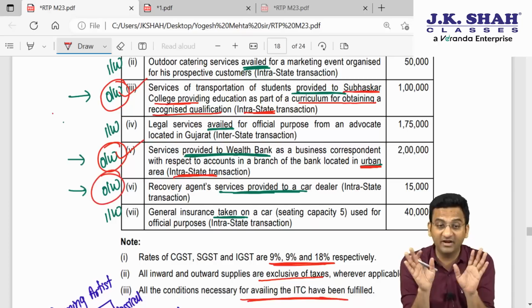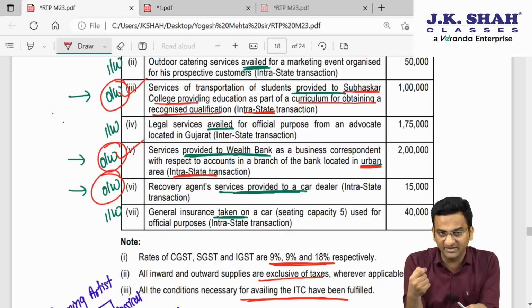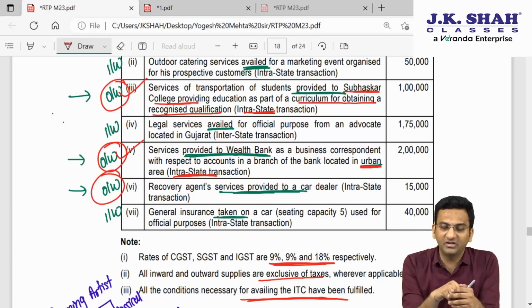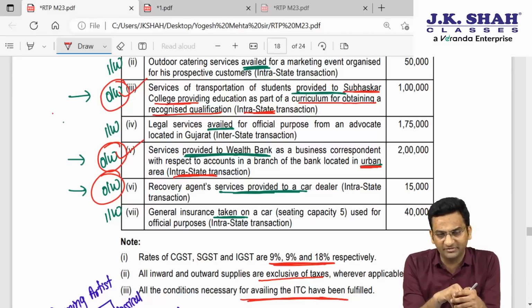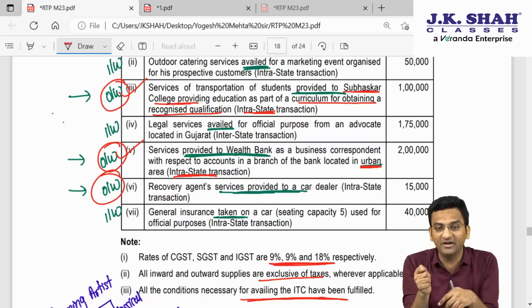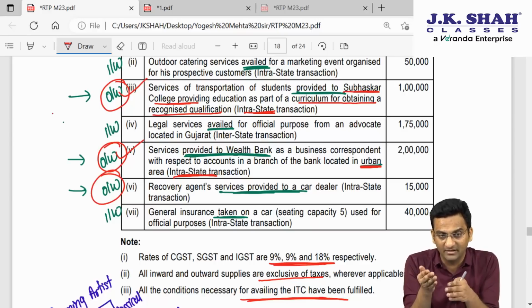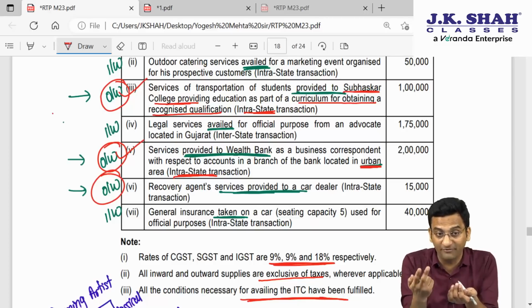So you are a recovery agent. Mr. Prithviraj is a recovery agent and he is providing services to a car dealer. Sir, whether RCM is applicable on this? No, friends, RCM is not applicable, because in case of recovery agent, RCM is applicable when the recovery agent is providing services to a bank or a financial institution.